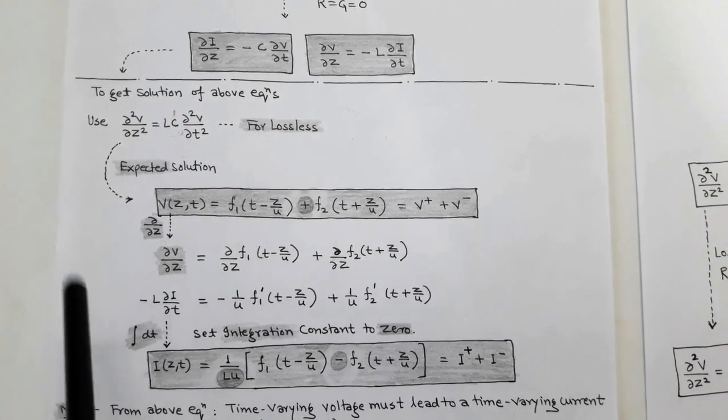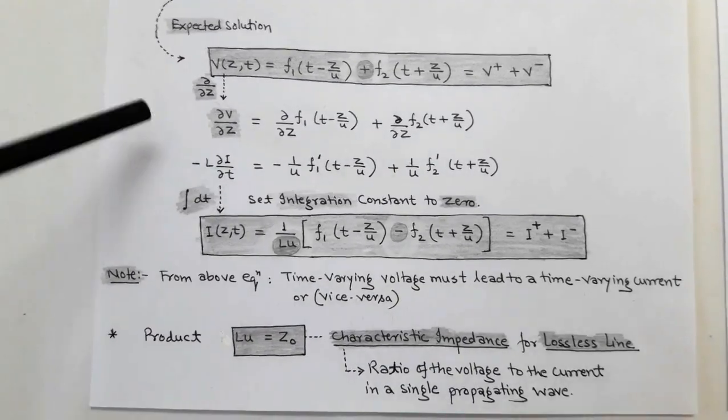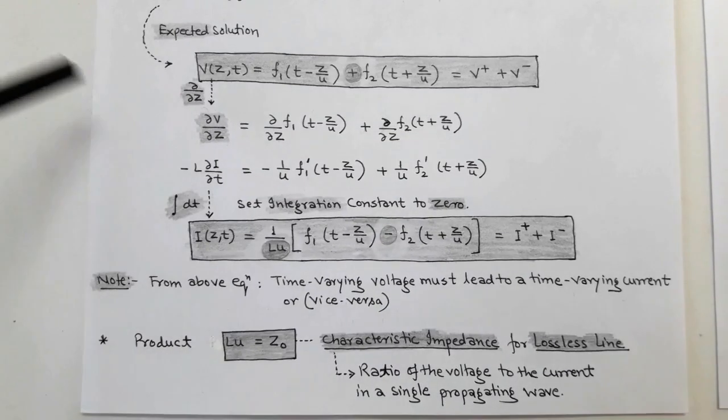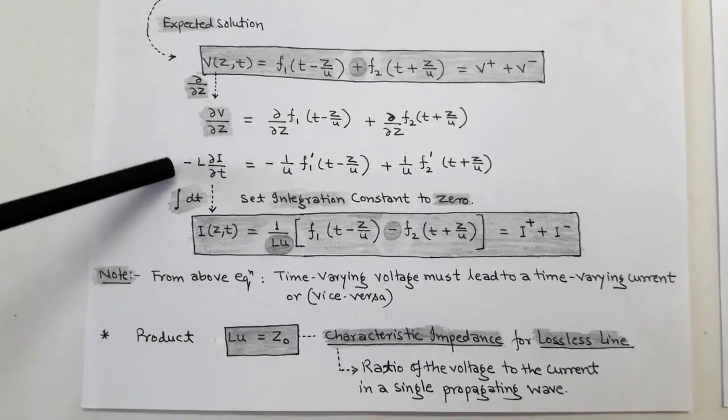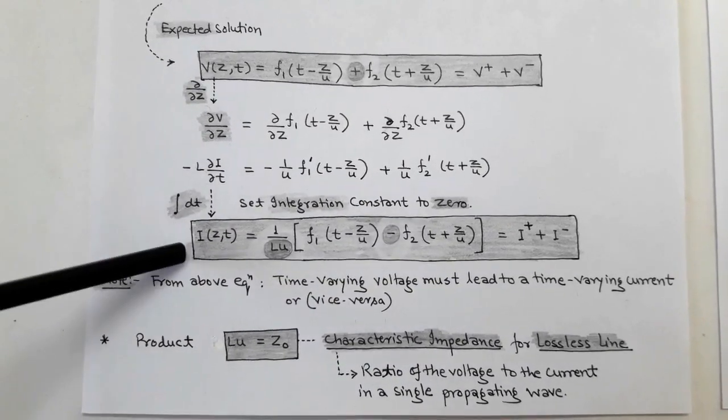The next step is to integrate with respect to time, setting the integration constant to 0. After integration, we get the current.